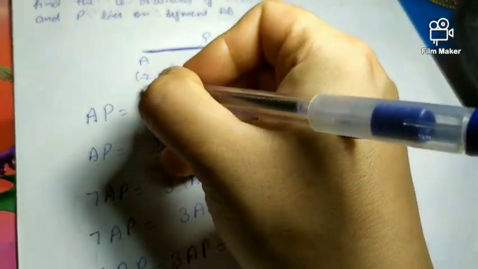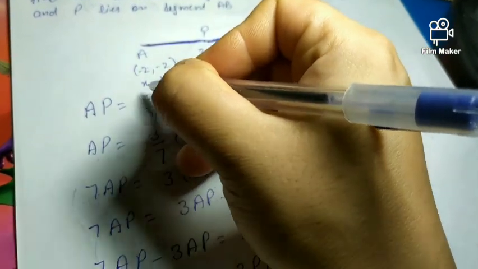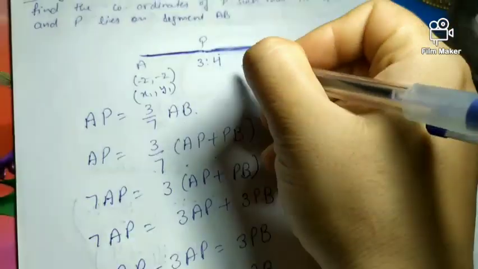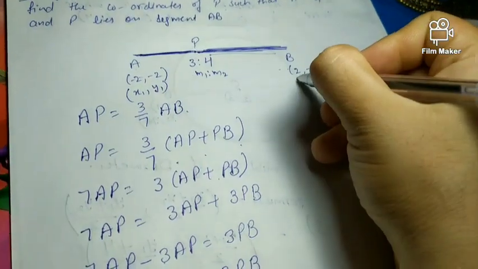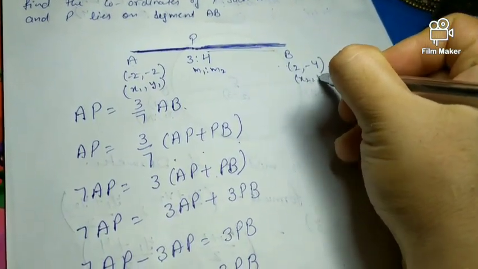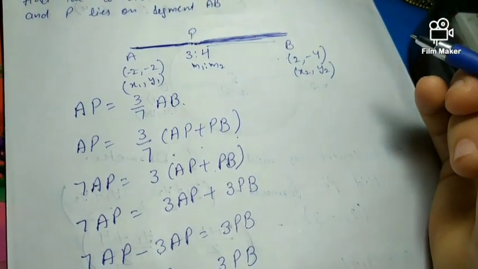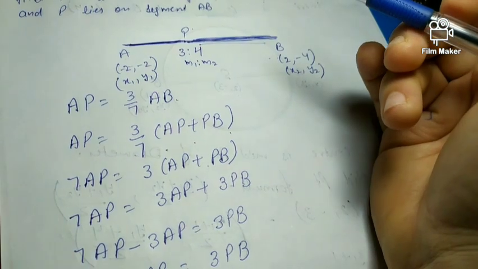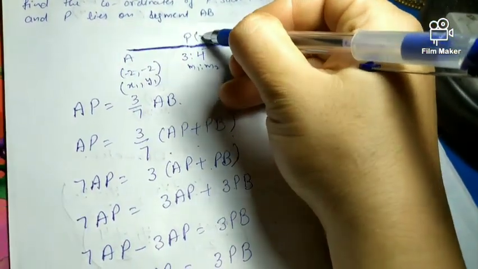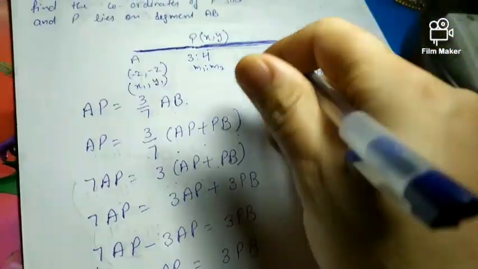So this is our x1 y1, this is our m1 ratio m2, this is our x2 y2. Is it clear? Now we want to find the coordinates of the point P. We will write it as x comma y.